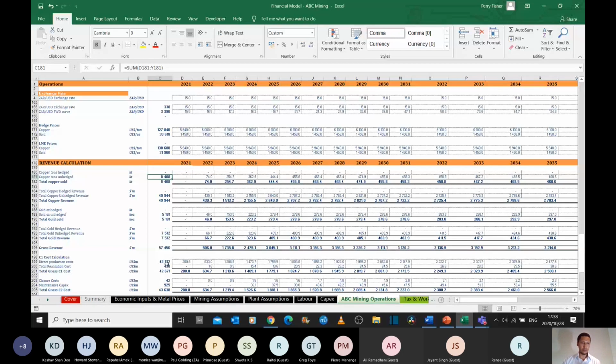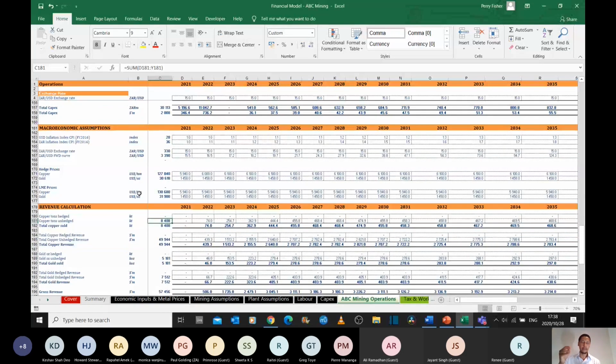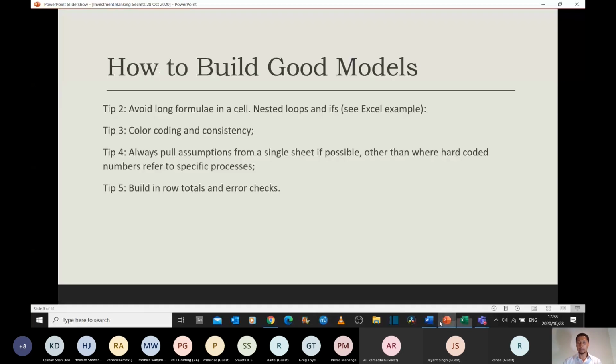Let's say you've got the average exchange rate for the year, and you multiply the average exchange rate of a life of mine by or divide the average revenue or the total revenue of a life of mine by the average exchange rate. You know, you can check that with another row that's just got your revenue quoted in another currency. So I can't make these examples up off the top of my head, but trust me on this one. These row totals and error checks really do help.